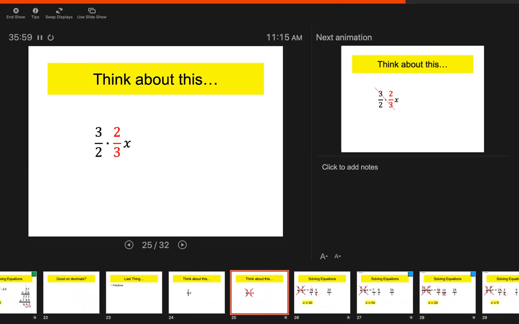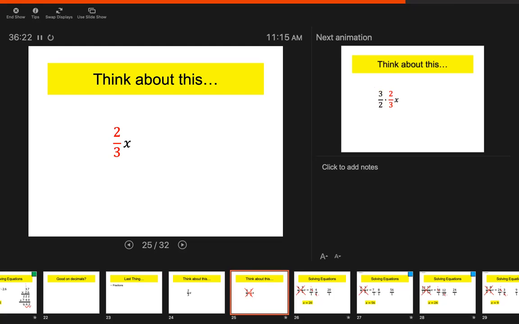Watch what happens. What's 3 divided by 3? What's 2 divided by 2? It all cancels. So, backing up, if you have a number attached to a variable and that number is a fraction, guess what you're going to multiply by? The fraction flips.